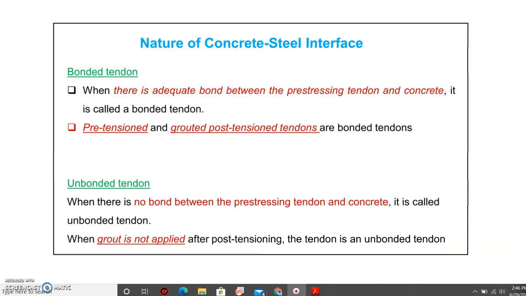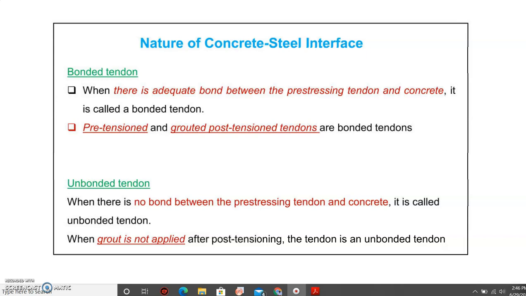There is a sufficient bond provided between tendon and concrete, then it is called a bonded tendon. Pre-tensioned and grouted post-tensioned tendons are the best examples for bonded tendon.